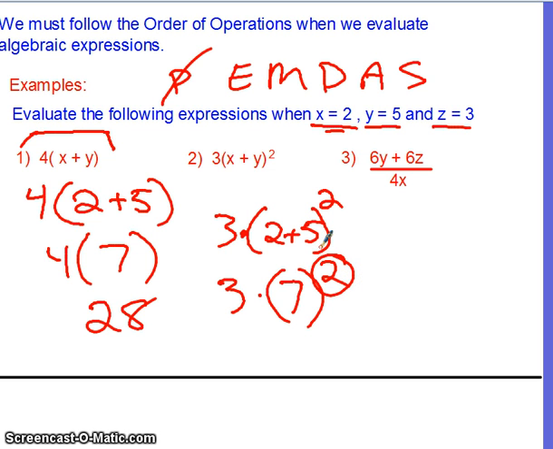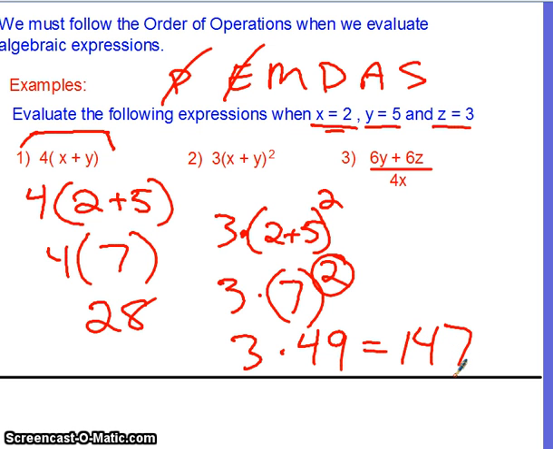So we're going to do 7 squared. So we're going to do 3 times, and 7 squared is 49. So we're going to just solve that first, 49. And now our next operation is multiplication. So 3 times 49 is, let's go with 147 on that, and we'll solve that equation.